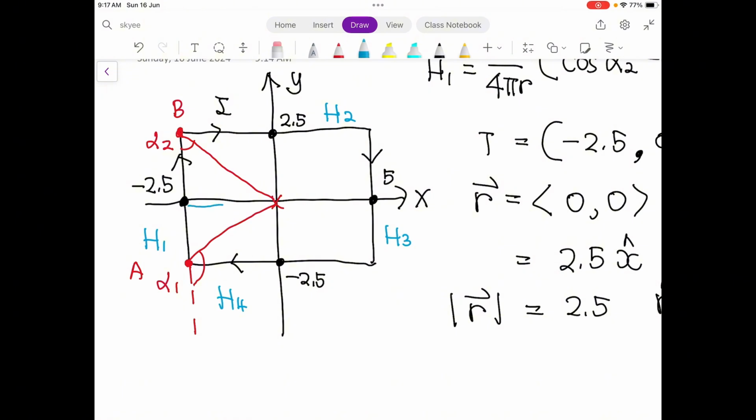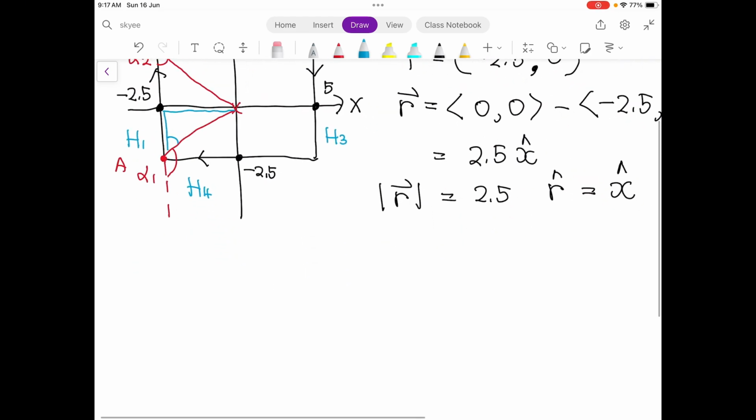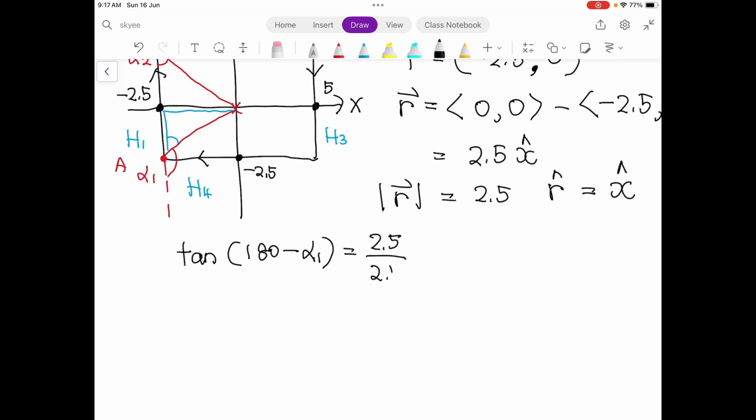This is 2.5, and this is also 2.5. So we can find the angle here. Tangent of 180 minus alpha 1 is equal to 2.5 over 2.5, so alpha 1 is equal to 135.